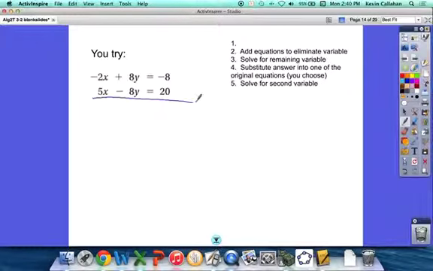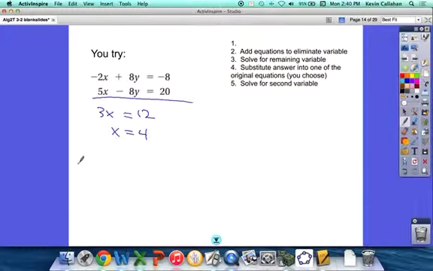Right, so because the 8y and negative 8y are opposites, you can add them up and cancel the y's, right? You wouldn't take this step if that wasn't true. So this is 3x equals 12, x equals 4. Now where are you going to plug that in to find the other? The second one?